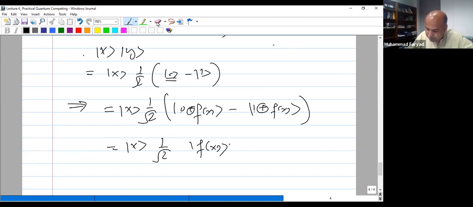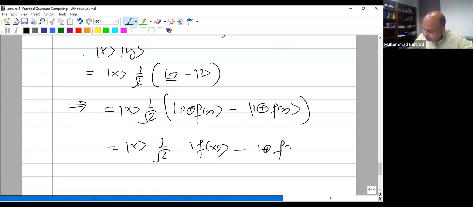So this 1 plus f of x will depend on this thing.